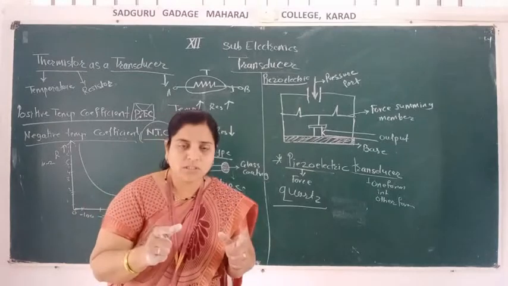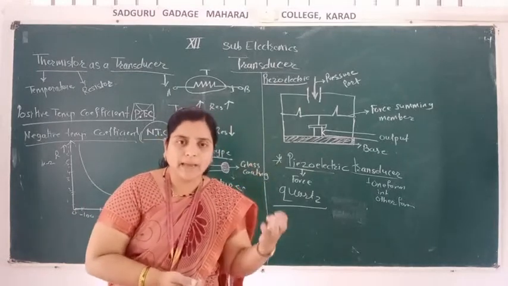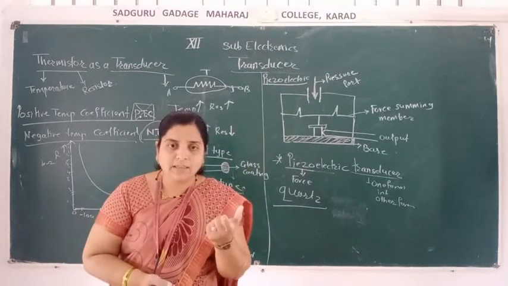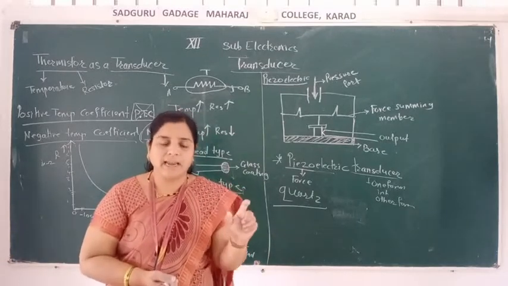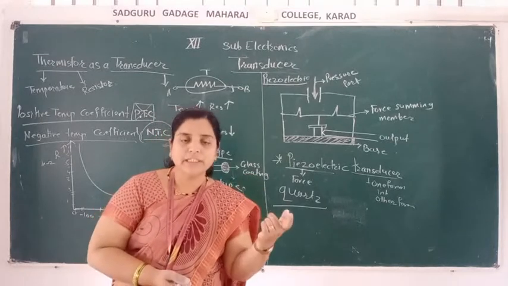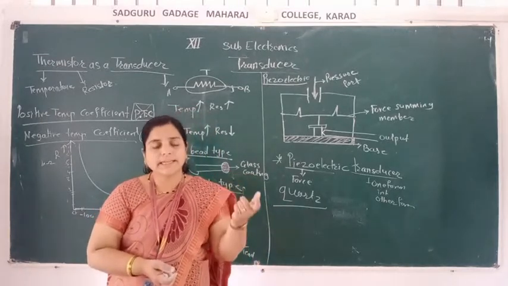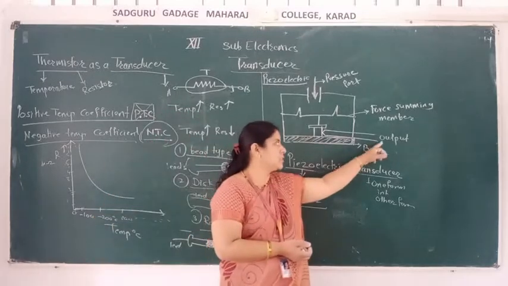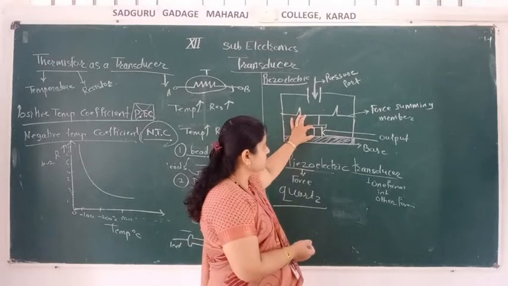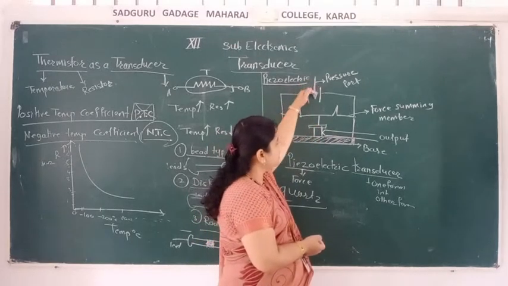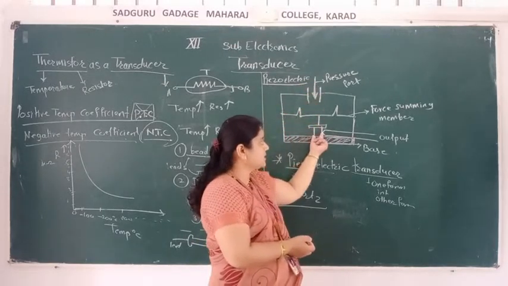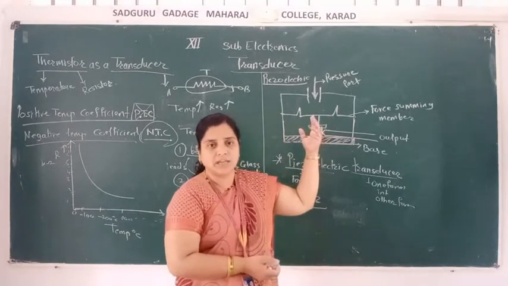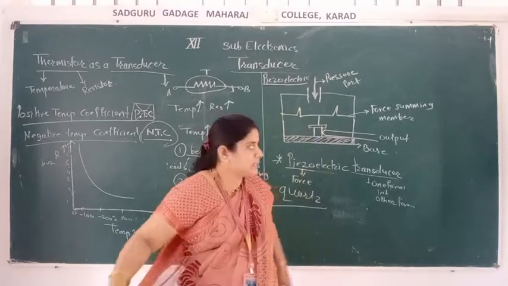If force and pressure are applied on the crystal, then the property of the crystal is that it generates an electrical signal that is measured as voltage, here. When pressure and force are applied on this crystal, it generates charge, or an electrical signal.